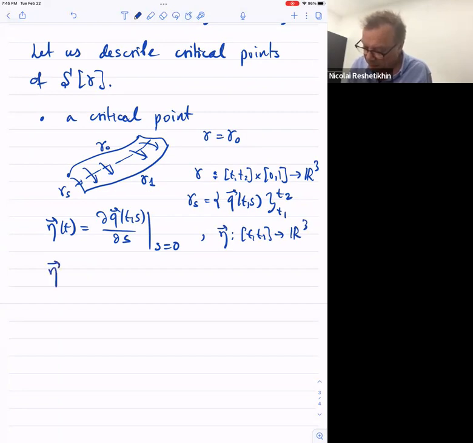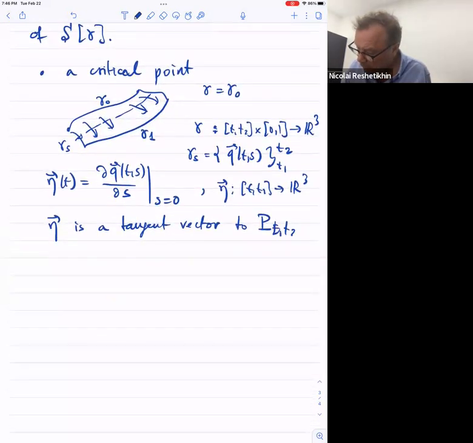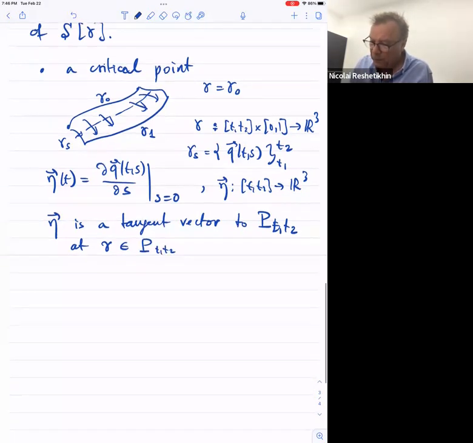Eta is a tangent vector to the space of these paths, P(T1, T2), at the point gamma.